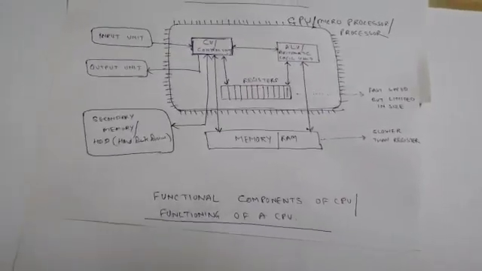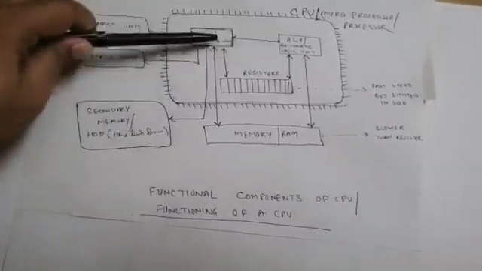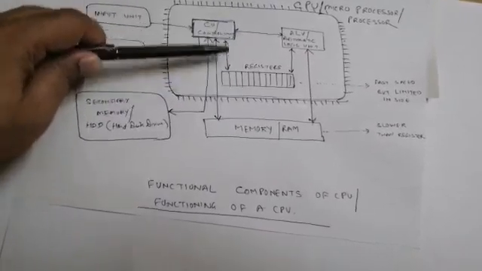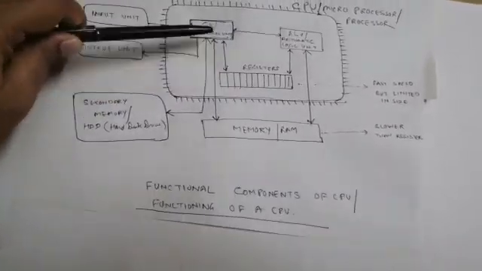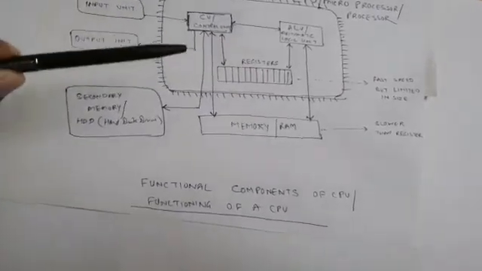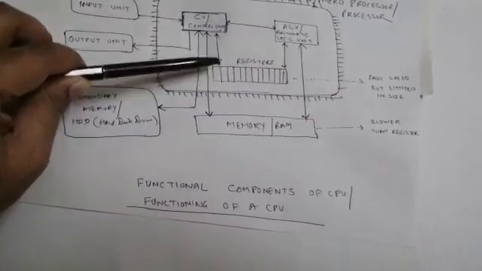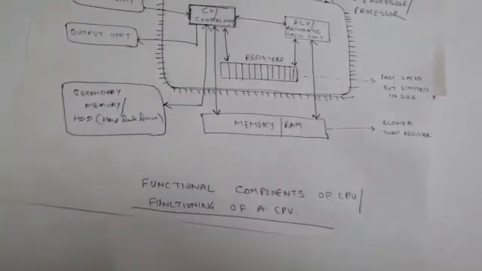Right. This control unit gives the data to the ALU, and if required, it gives the data or stores the data to a register also. If data is not required at that point of time, it gives it to a register for further processing, which will be required at the nearest point of time.